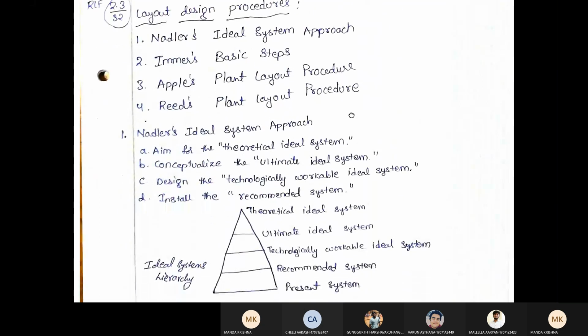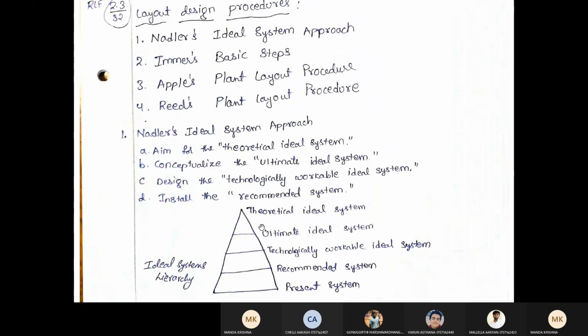First, we will see Nadler's ideal system approach. This approach is, you can see here, aim for the theoretical ideal system that you can see in the apex position. Next is to conceptualize the ultimate design system, ultimate ideal system.